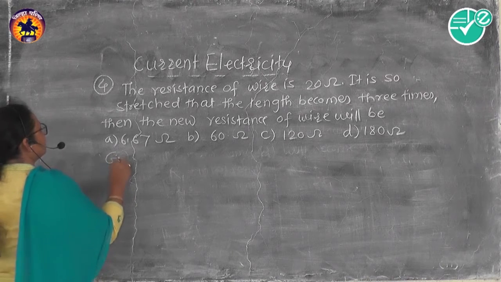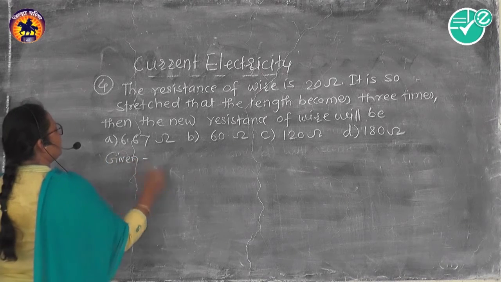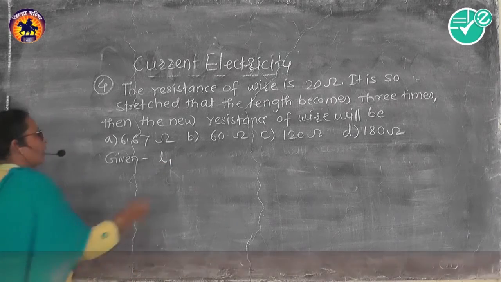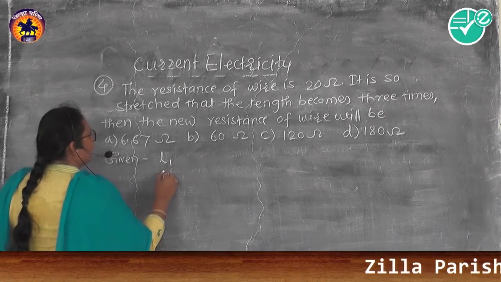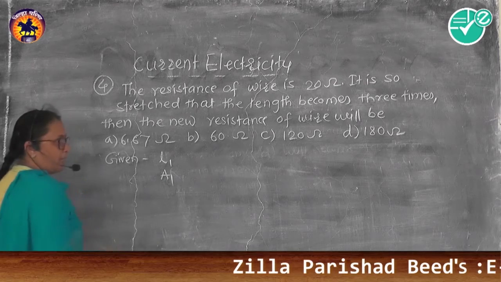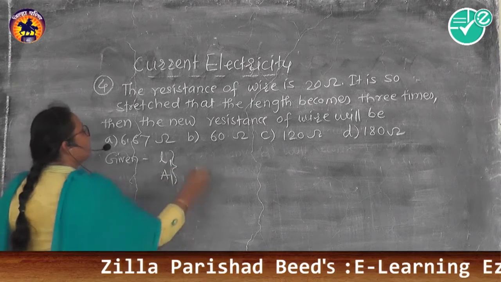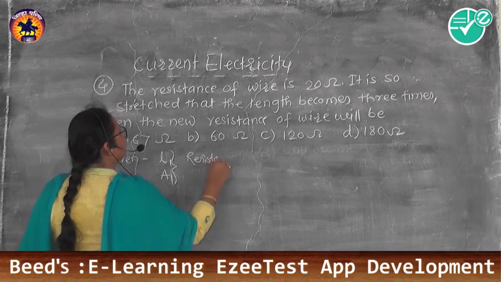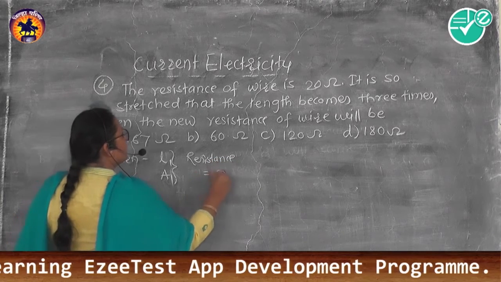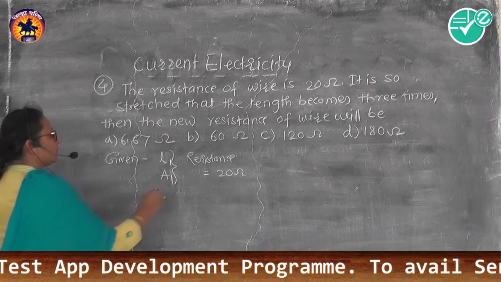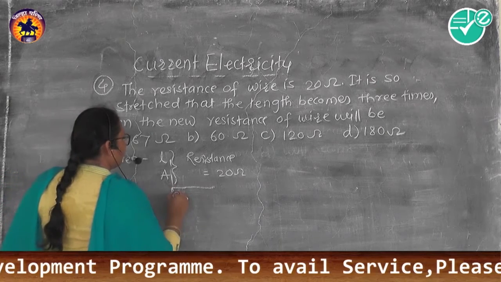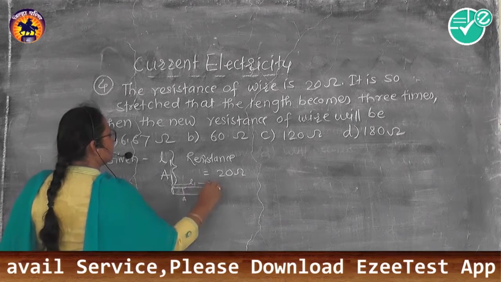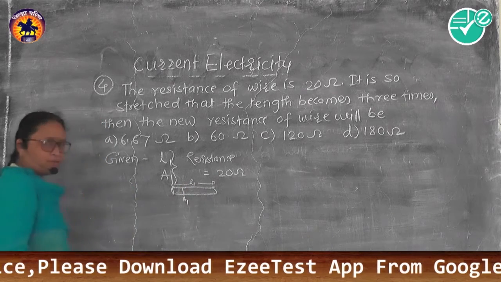Means here given initial state when the length of wire was L1 and area of cross section is suppose A1, at that instant the resistance of wire is 20 ohm. That means suppose this is wire with this much length and area of cross section, the resistance was 20 ohm.